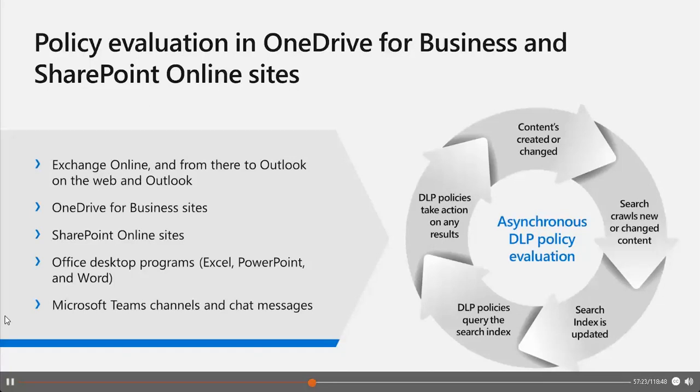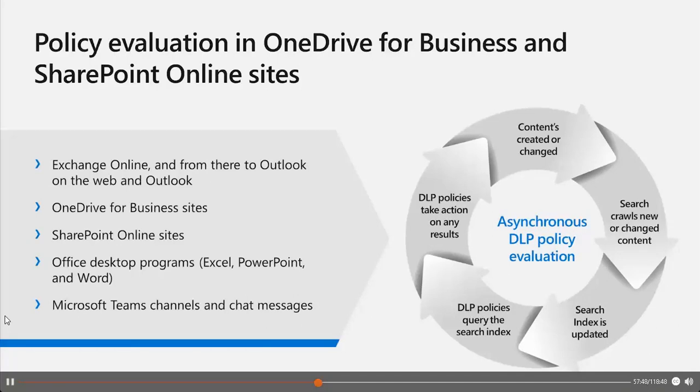The policy evaluation in OneDrive for Business and SharePoint Online sites is specific, because across all of your SharePoint Online sites and OneDrive for Business sites, documents are constantly changing. They are continually being created, edited, shared, and so on. This means documents can conflict or become compliant with a DLP policy at any time.